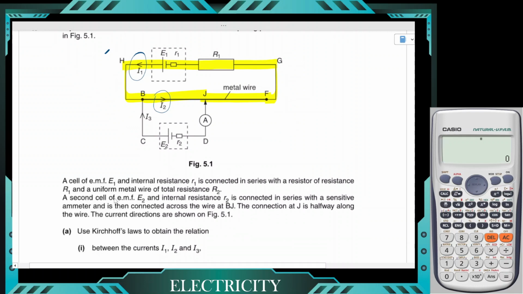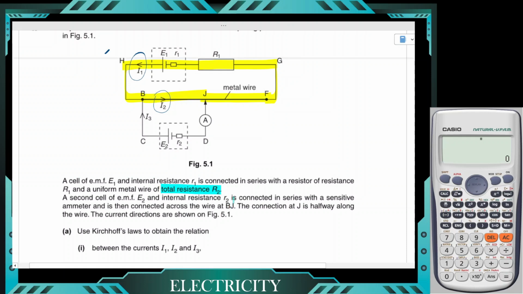It reads: a second cell of EMF E2 and internal resistance r2. But this statement is more important: the uniform metal wire of total resistance R2. So if you consider the total resistance from B to F, the total resistance would be R2.